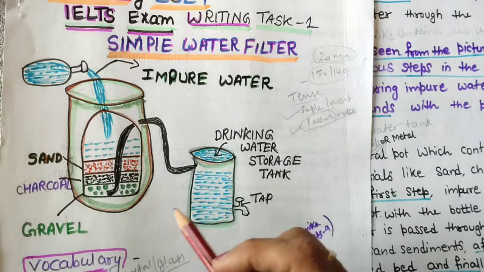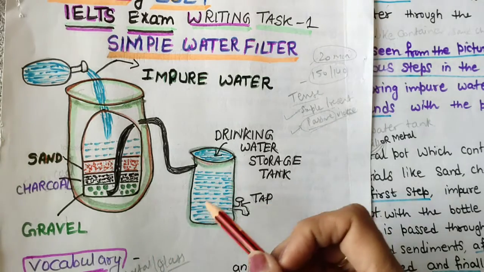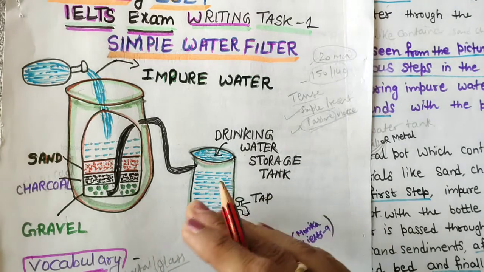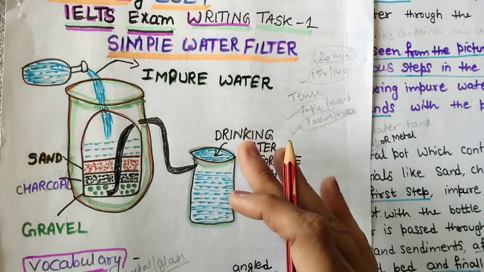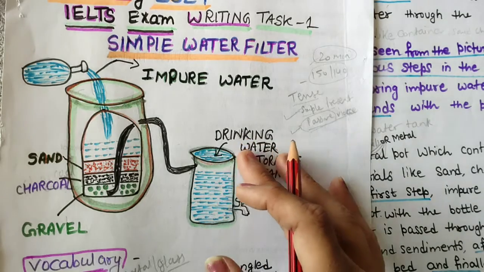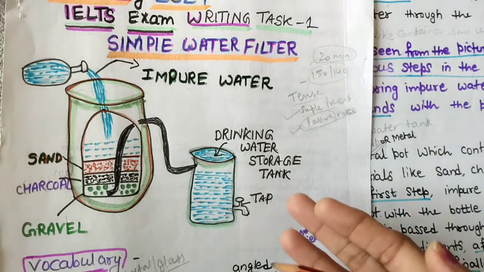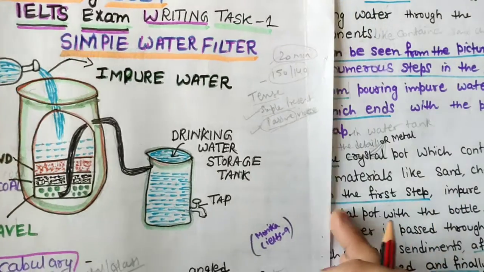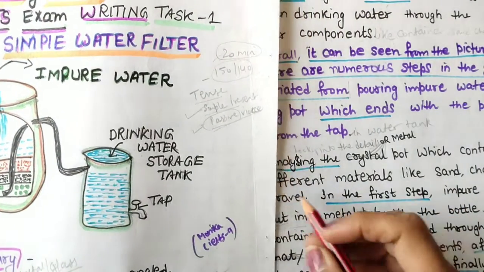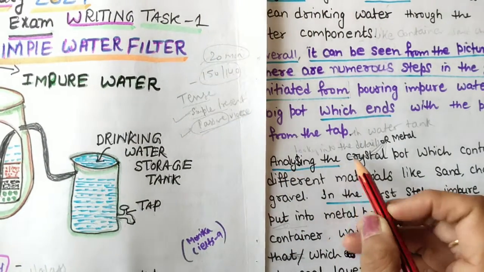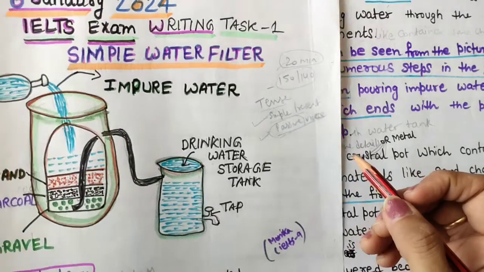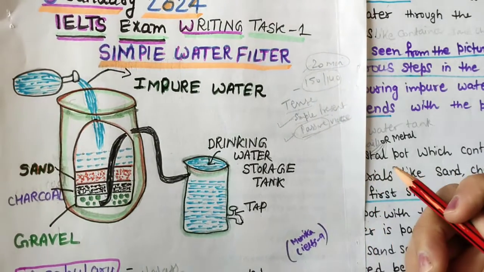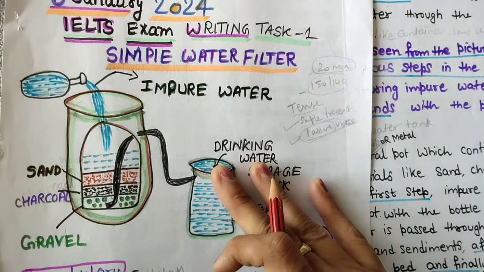If you are explaining it well, if you have covered every step in the process diagram, then there is no issue if you have completed 150 minimum words or not. But yes, if you use these kinds of words and connectors, your words will definitely go up from 150 to 170 or 160 for a process diagram.